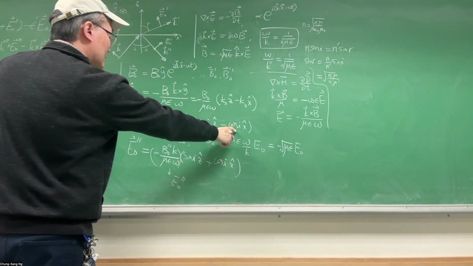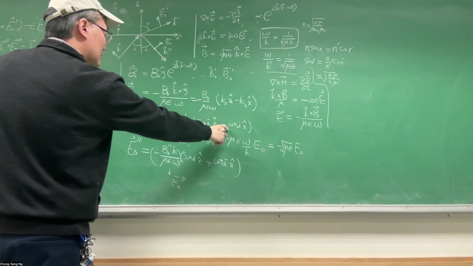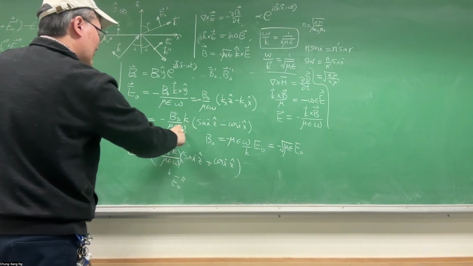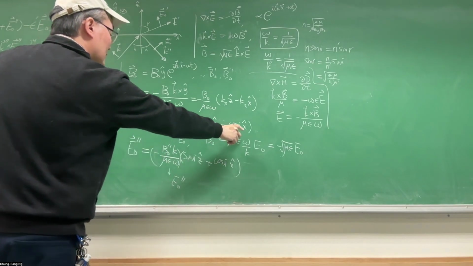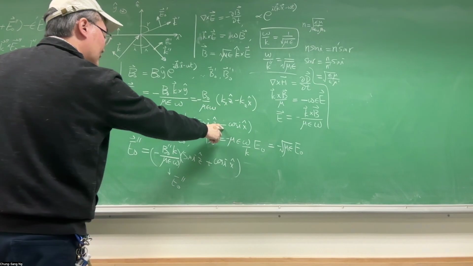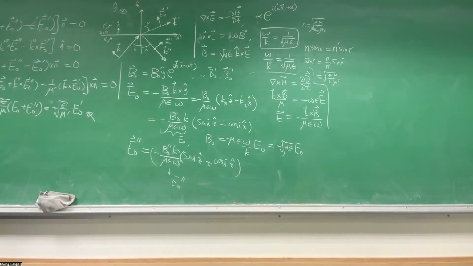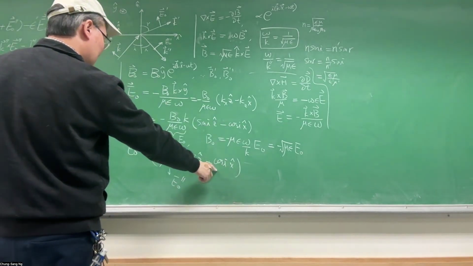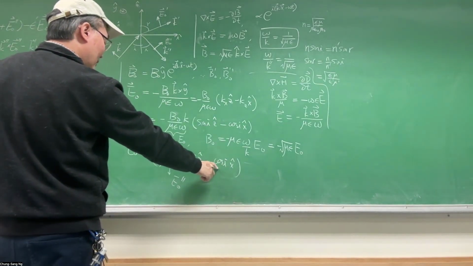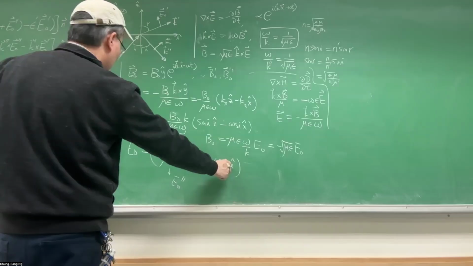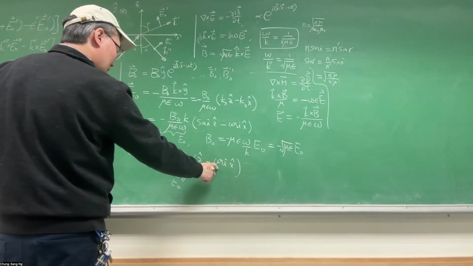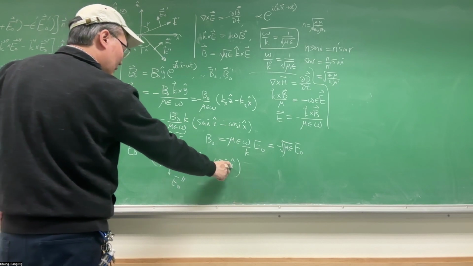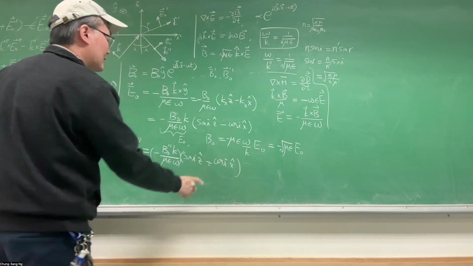X cross z is minus y. So this is E0 minus y, but you have a negative sign, so it's y. Everything is in the y direction, but for this one you change the sign. E0 double prime. X cross z is minus y, so you have a negative sign.